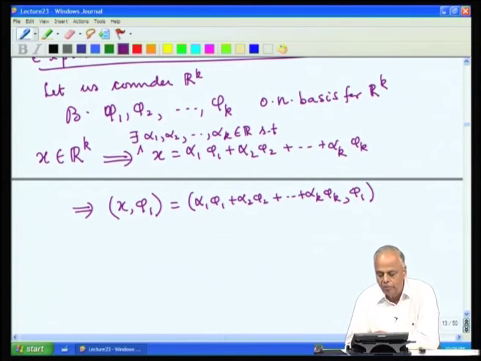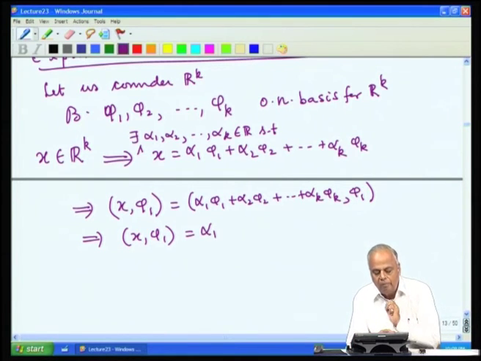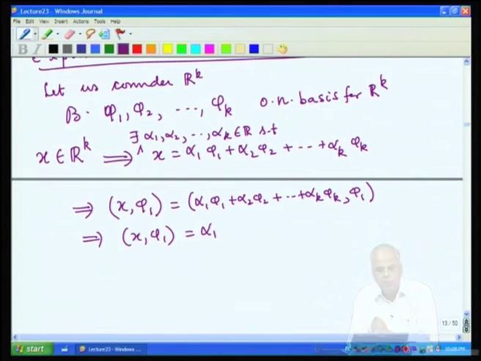Again, as before, if we take the dot product, phi 1 with phi 1 will give 1, phi 2 with phi 1 will give 0, phi 3 with phi 1 will give 0, phi k with phi 1 will give 0, because phi 1, phi 2, phi k is an orthonormal set. So, that says x dot phi 1 is equal to alpha 1. So, the coefficient of phi 1 in the expansion of x is precisely the dot product, or the inner product, of x with phi 1.